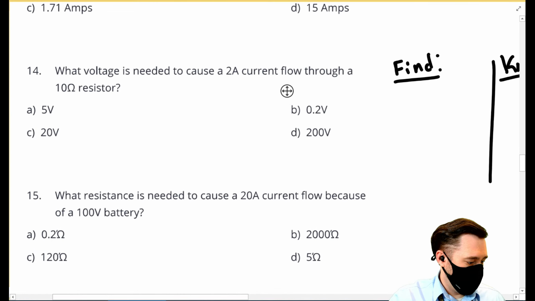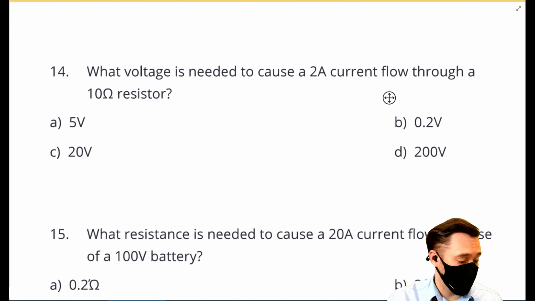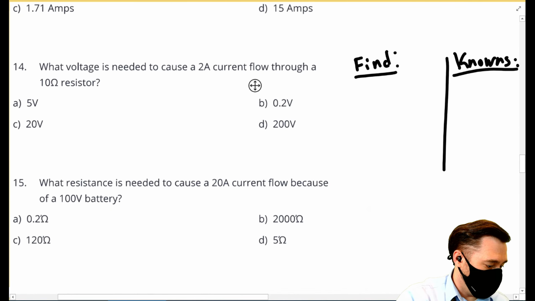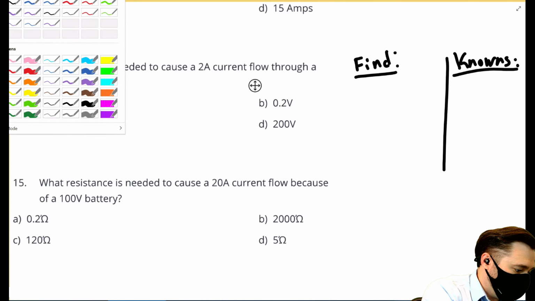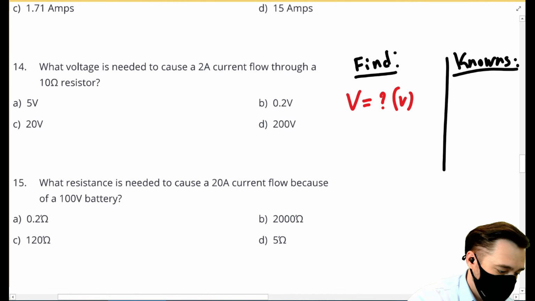So this question says, what is the voltage needed to cause a 2 amp current flow through a 10 ohm resistor? So voltage is what we're trying to find. So we're trying to find V, and that's going to, of course, be in units of volts.